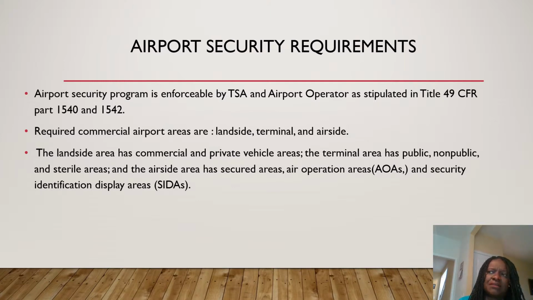As you go into the airport, you have where you have to stop; your families that are not traveling cannot pass through. Then you have the non-public and sterile areas where you only go through with your approved ticket. And the airside area has secured areas for the air operations area, where the technicians work, your ramp agents and the pilots, and then your security identification display area.